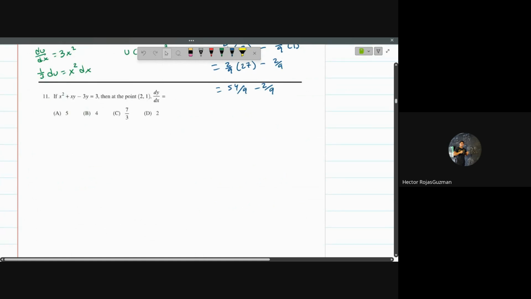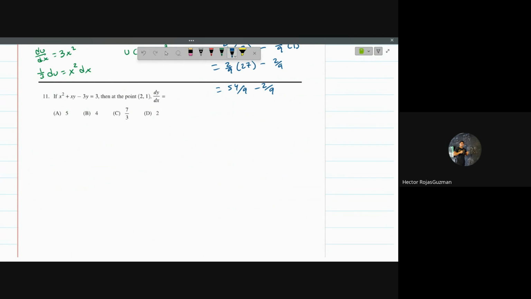Find the derivative at a point. Implicit differentiation. I can tell right away because we have a mixture of x's and y's. If you're taking the derivative of a letter that is not x, then that letter is a mystery function.